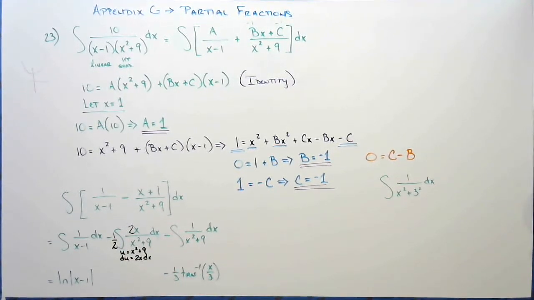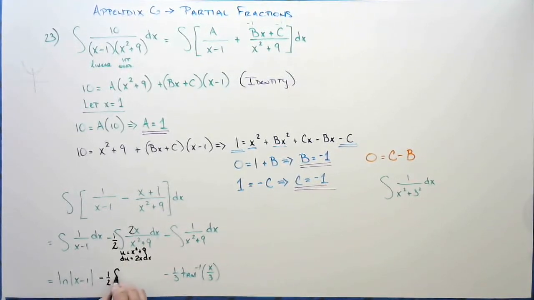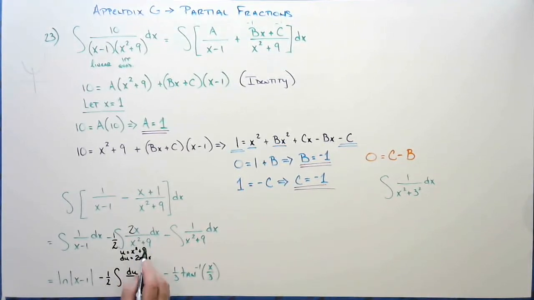So when we integrate this, we're going to get minus 1/2 the integral. The numerator is du, 2x dx. The denominator is u, x squared plus 9. Well, that's another natural log.